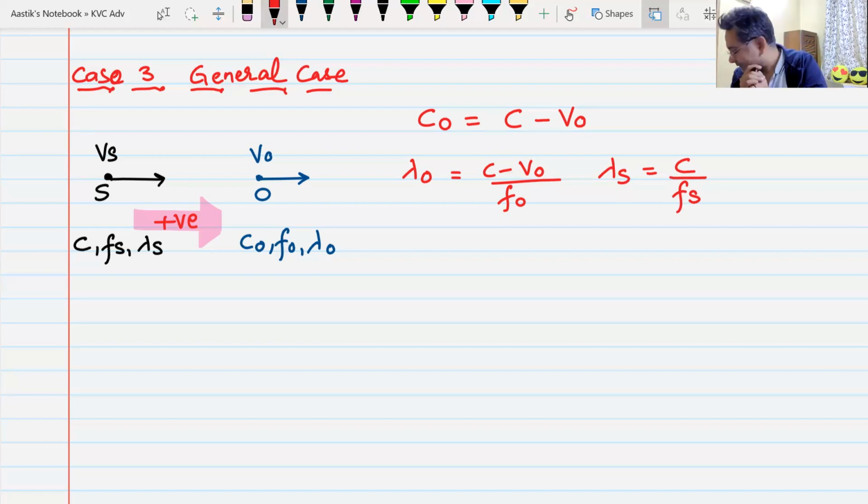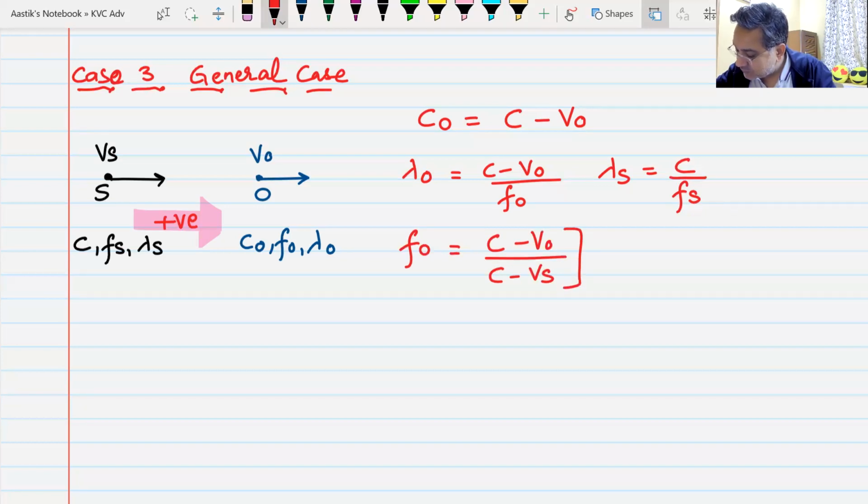Okay. Now I can write F naught in terms of Fs. How can I write F naught in terms of Fs? I have to combine both the formulae together. I hope you understand this. So I can write it as C minus V naught divided by C minus Vs multiplied by Fs.